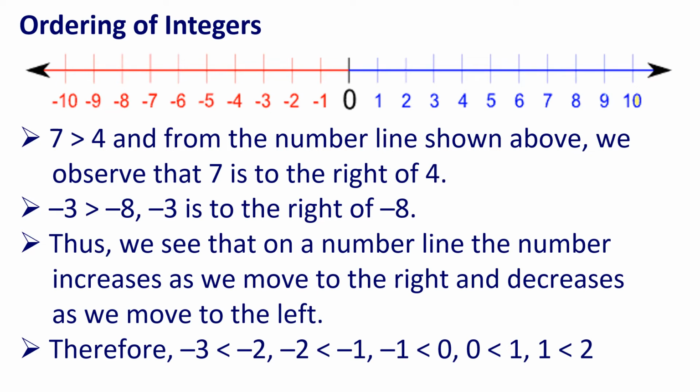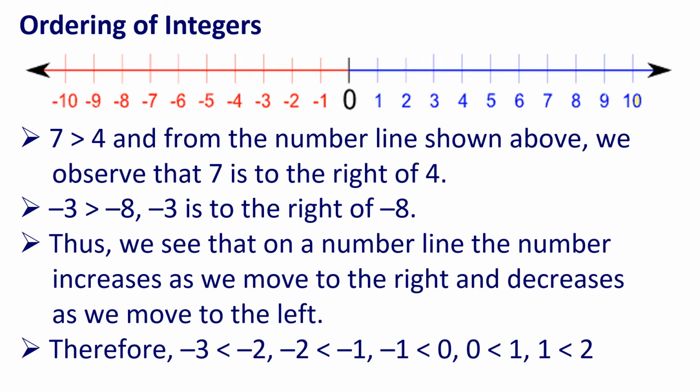Similarly, -3 is greater than -8. -3 is to the right of -8. Thus, we see that on a number line, the number increases as we move to the right and decreases as we move to the left.